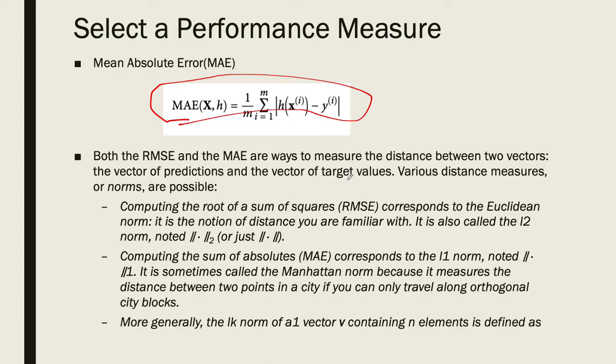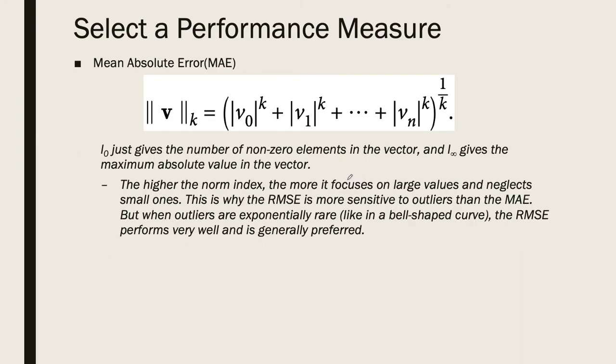You want to measure the difference between what has been predicted and exactly what the target was, and by that you're able to come to a conclusion on the performance of the learning system. So apart from the RMSE, we can also use the MAE to measure the performance of the model.